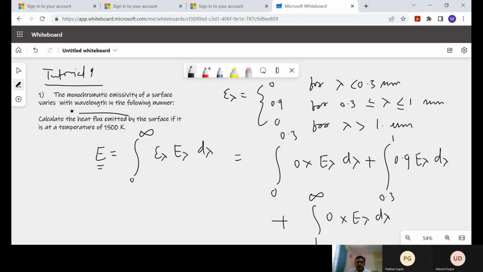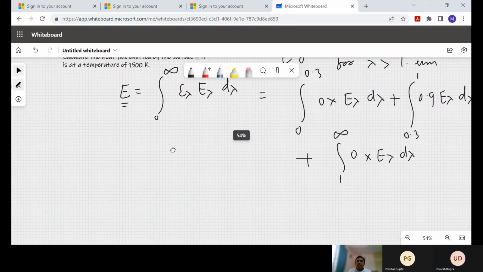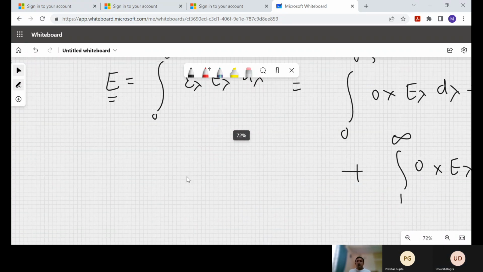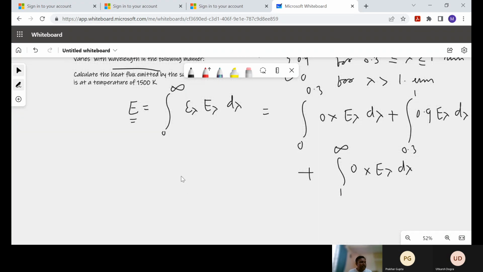Sir, if emissivity is constant over all lambda, then we can use that as well, right? Yes, you can use that. See, that equation is derived only for a black surface, isn't it?